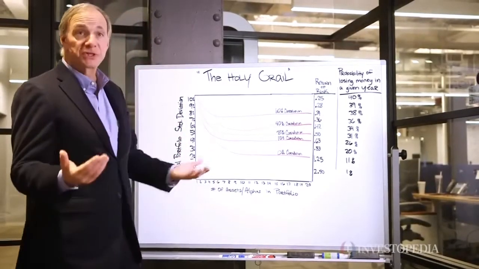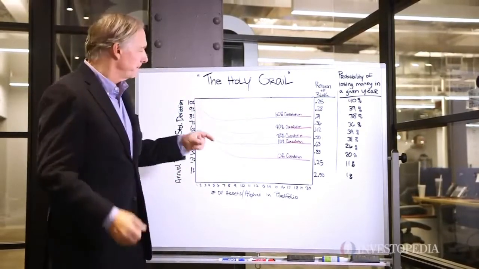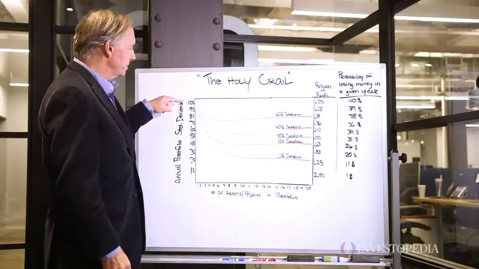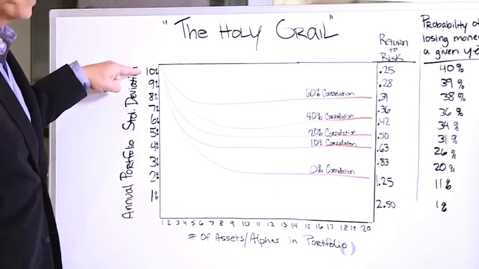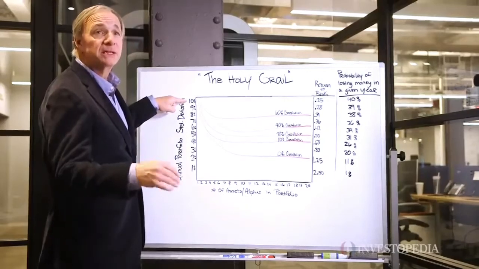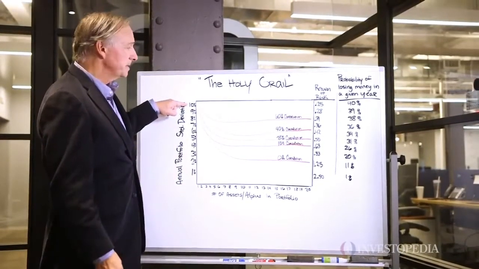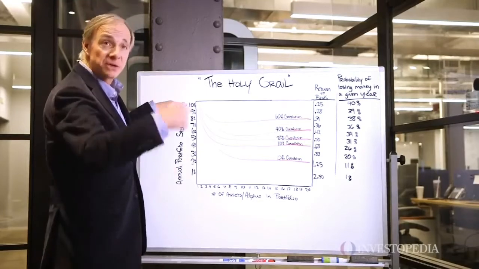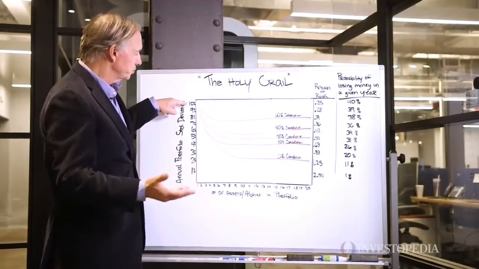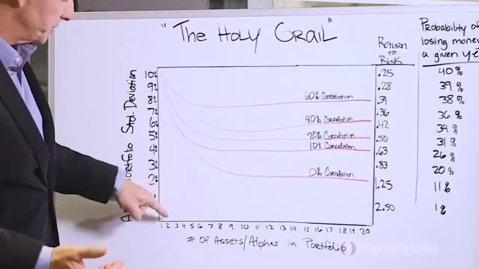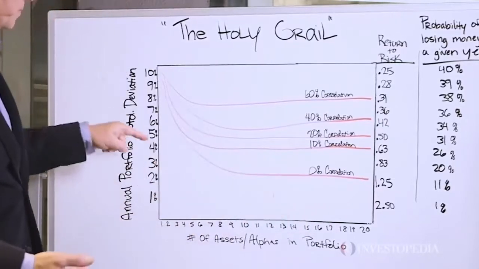To use an example, to make it simple, let's assume you have something with a 10% risk. We'll call risk standard deviation. And let's say it had a 10% return. Let's say I add in another return stream, a second, a third, a fourth, a fifth, up to whatever number.